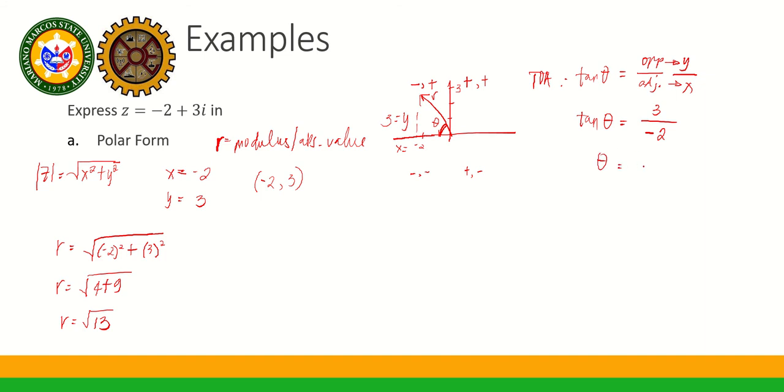So in order to get the value of our argument, kunin natin yung inverse tangent of this one. So theta is equal to the inverse tangent of 3 over negative 2, which is equal to negative 56.31. So we got a negative angle. Nakapolar tayo, ibig sabihin our angle should be in degrees. Since nasa second quadrant tayo, we can add 180.